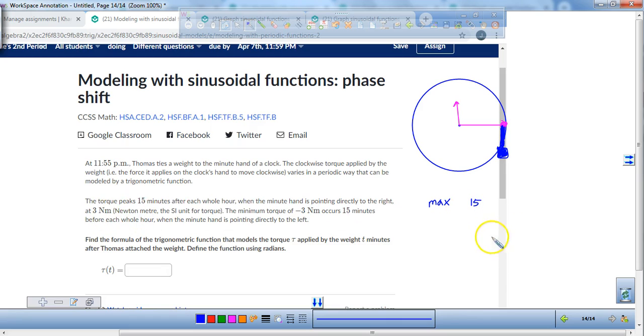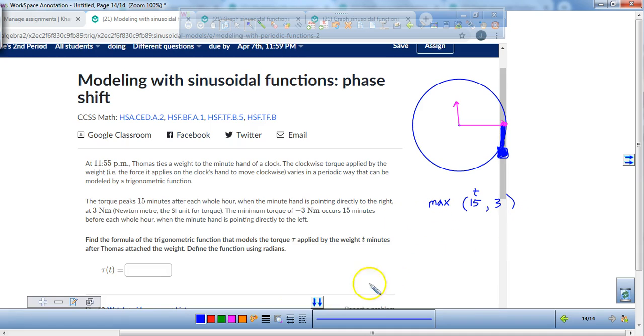So basically, we are going to say our maximum is 15 minutes after each whole hour, and it has a maximum of 3 Newton meters. And then it says the minimum torque of negative 3 newton meters occurs 15 minutes before each whole hour.